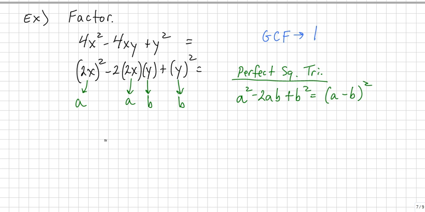So I know that this is going to be A minus B times itself. So our a is 2x, and our b is y, so it'd be 2x minus y, and then times itself, which we more conveniently write as 2x minus y squared.